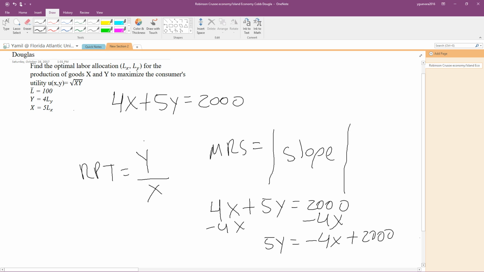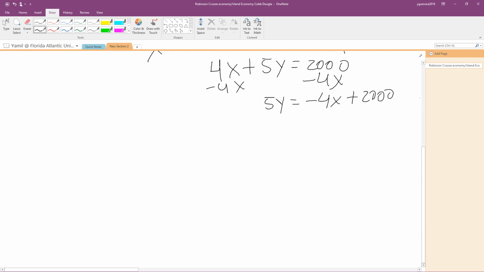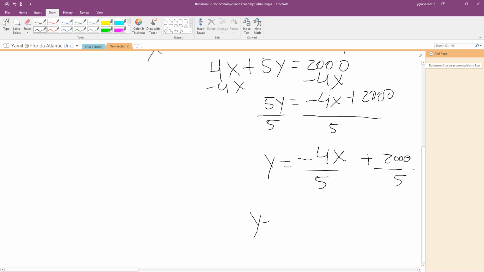Okay, so let's continue solving for y. So let's divide both sides of the equation by 5. So y equals negative 4x divided by 5 plus 2000 divided by 5. So our slope, we just found it.